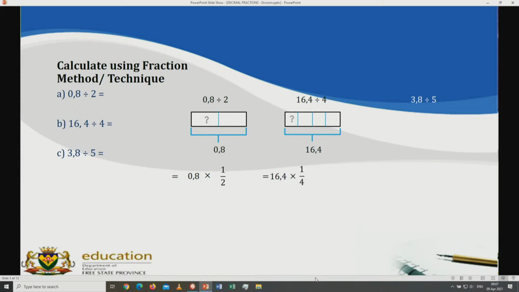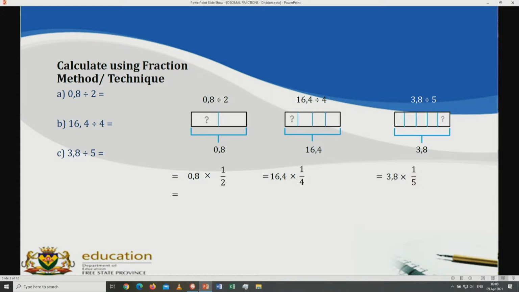That can be represented as 16,4 multiplied by a quarter. That can be said also for 3,8 divided by 5: 5 equal parts, 1, 2, 3, 4, 5. And one part of these 5 equal parts is a fifth, 1/5. Then we have 3,8 multiplied by 1/5.